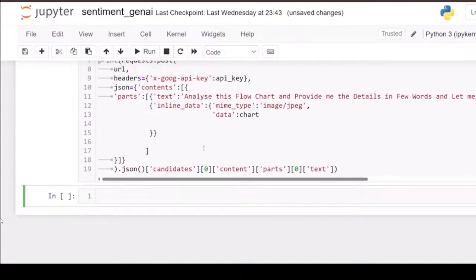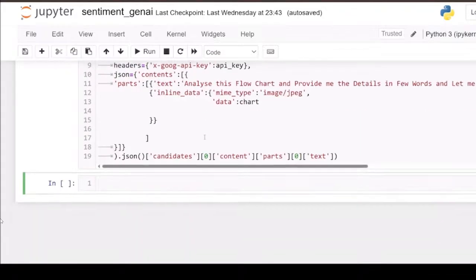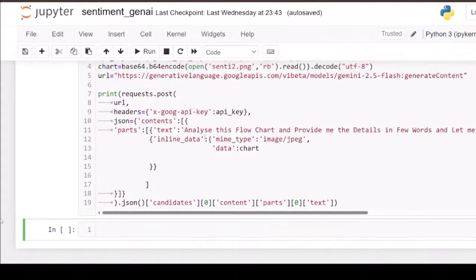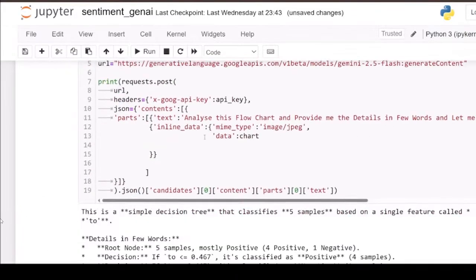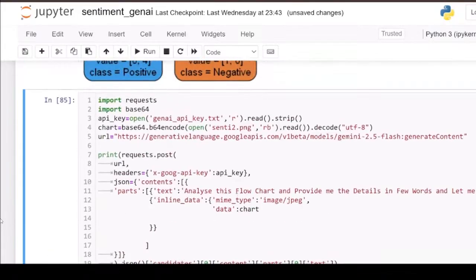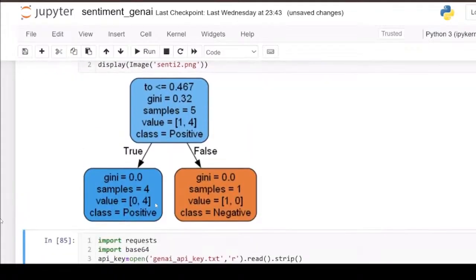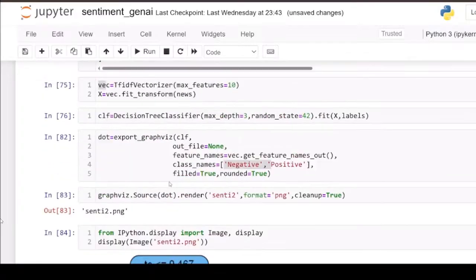Okay, so somewhere we got the flowchart. If we are unable to understand it, we can give it to our generative AI to conclude. So this way it will definitely give us positive. Most of the time it started with positive and ended with positive.